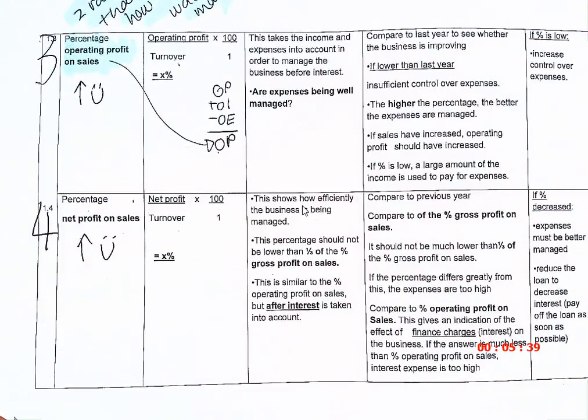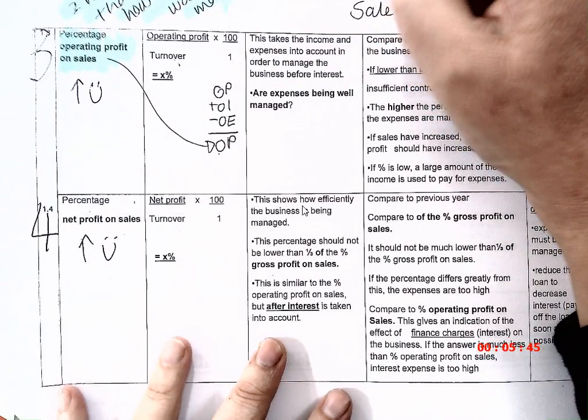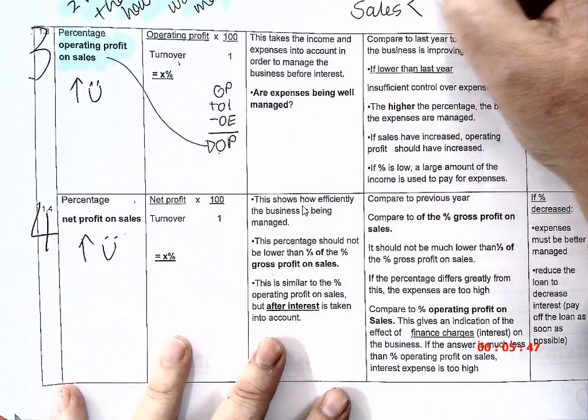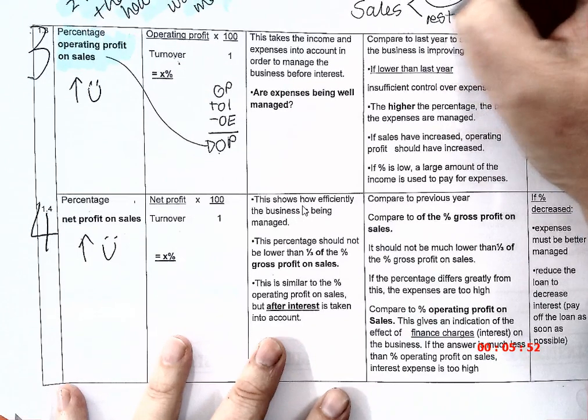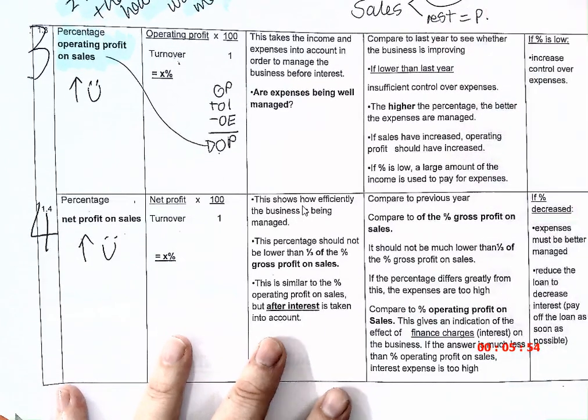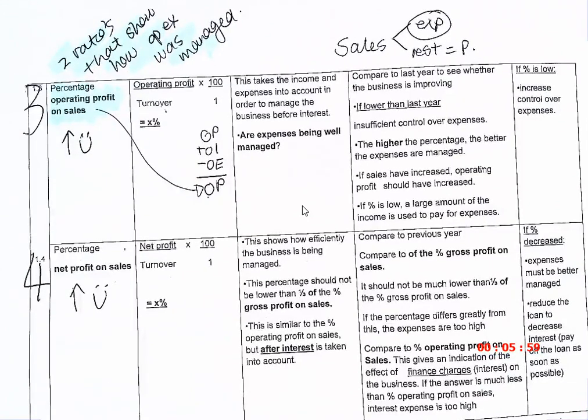If my net profit becomes so you can actually see your sales is divided into a part that goes to the expenses and the rest is going to be my profit. You get what I'm saying? So the smaller percentage the expenses, the bigger percentage my profit. Meaning your expenses is being managed better, and not just your expenses, even your income is managed better.